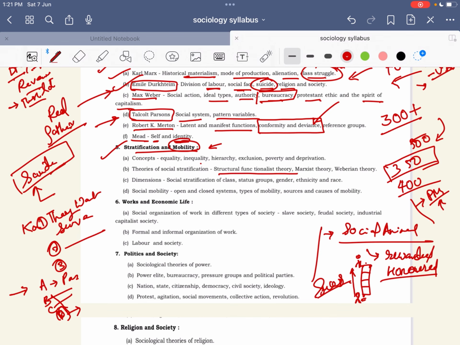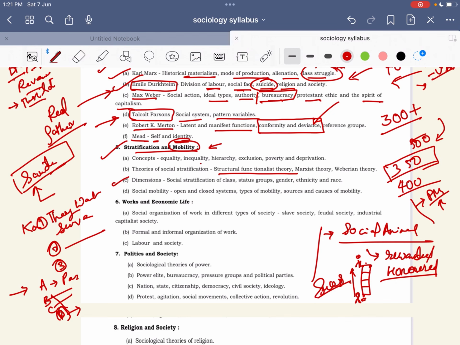We will see what this structural functional theory in sociology is. These thinkers are more interested in the structure of the society, understand. And then there is the Marxist theory of social reality, and there is the Weberian theory.